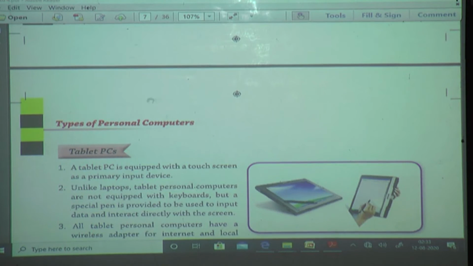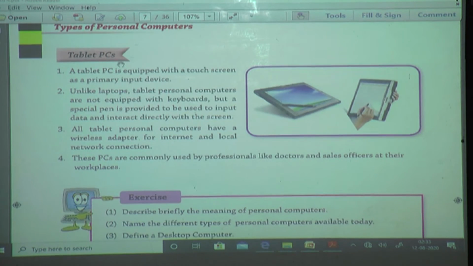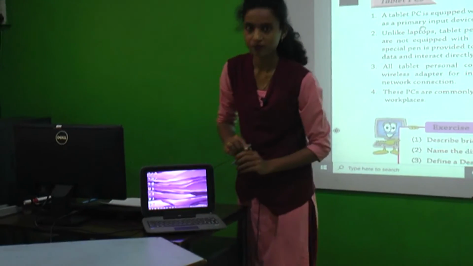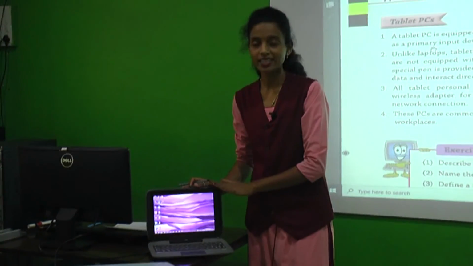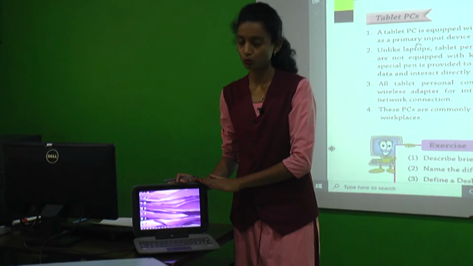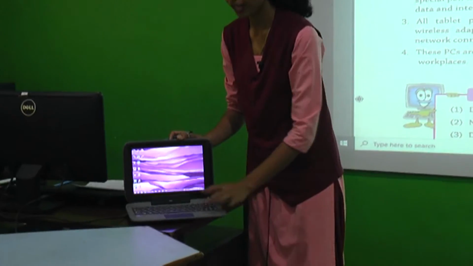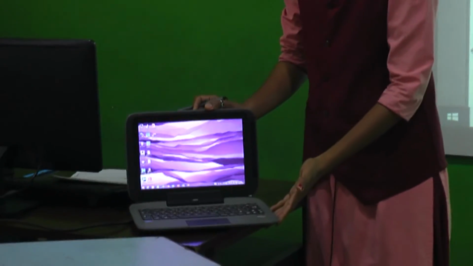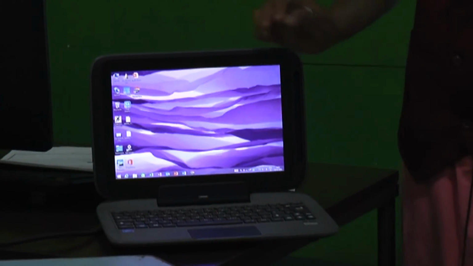Now, last is tablet PCs. We will see tablet PCs. It looks like a laptop, but is the size the same as a laptop? No. It has a monitor screen, keyboard and mouse, and inside the CPU has the same parts, but how does it work?